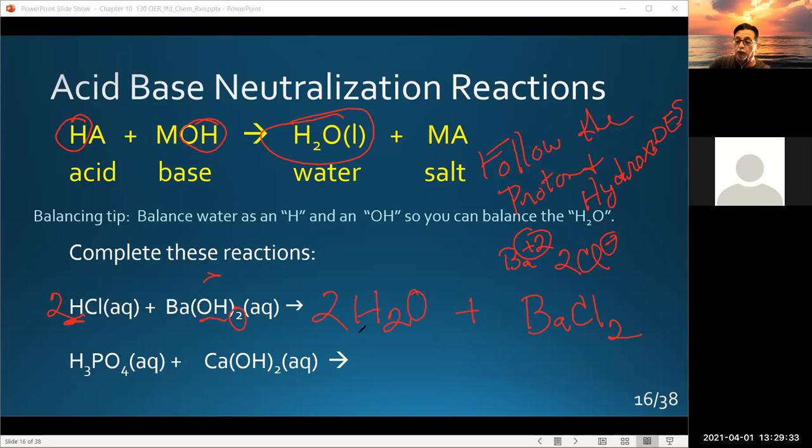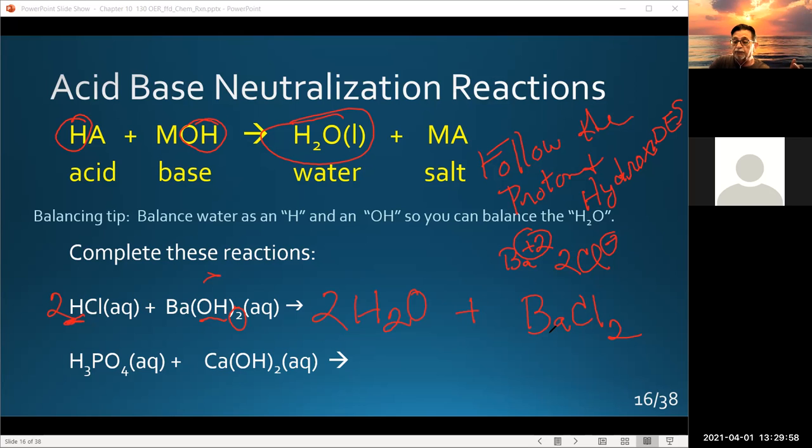So guess what? My hydrogens are balanced. My oxygens, I got 2 oxygens in the form of water, and on the reactant side, I got 2 oxygens in the form of the hydroxide. So they're balanced. So you can see by following the proton and the hydroxide that automatically I got my hydrogens and oxygens balanced.